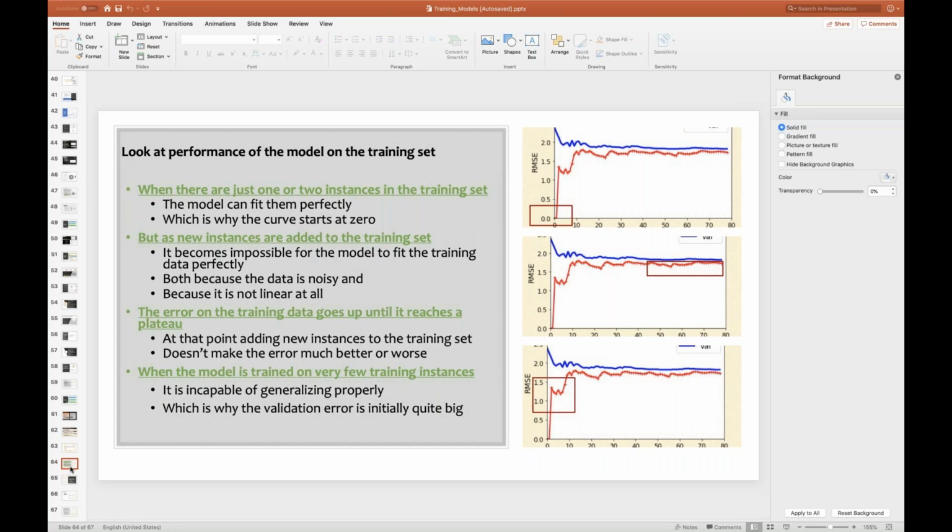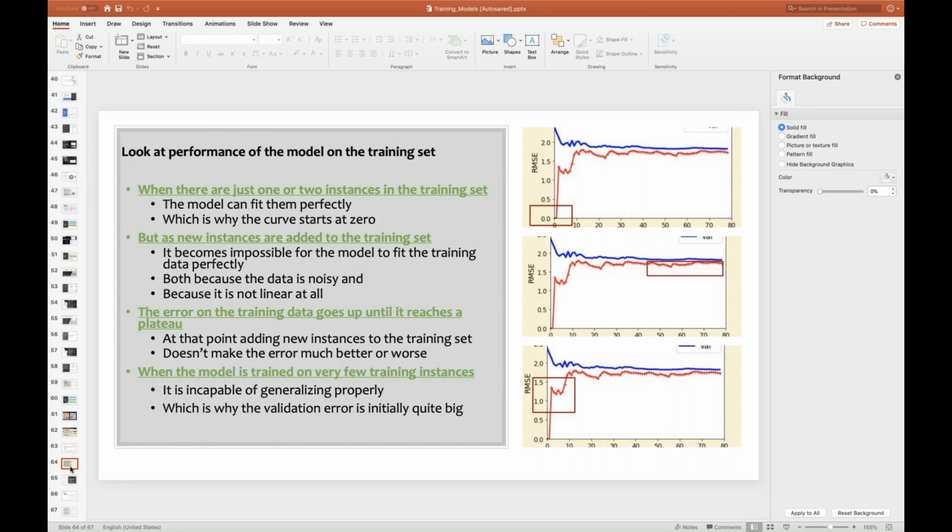I'm sorry, I don't mean to confuse you. It's adding new instances, not adding features. When I say features, it is like your data set points, your columns, I would say. Now, in this process, when adding new instances to the existing training set, the error on the training data goes up until it reaches a plateau.